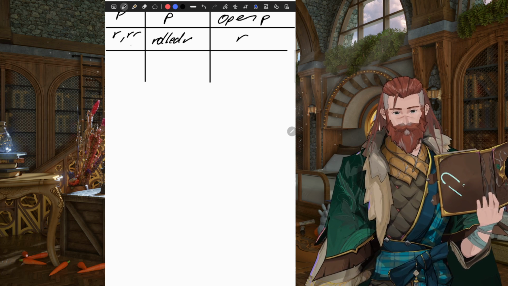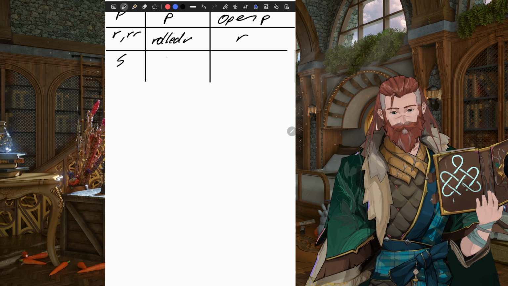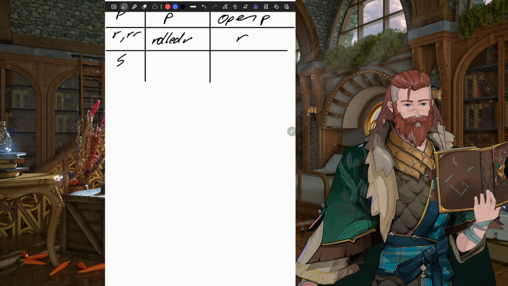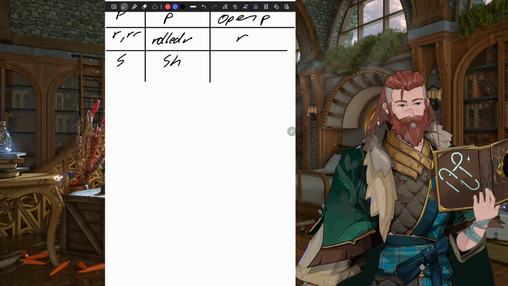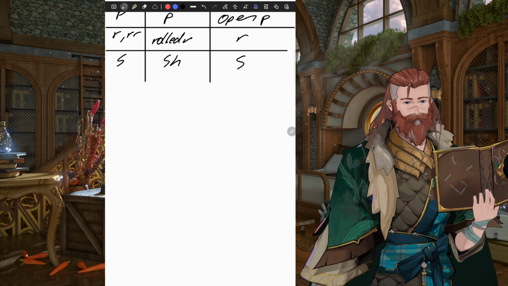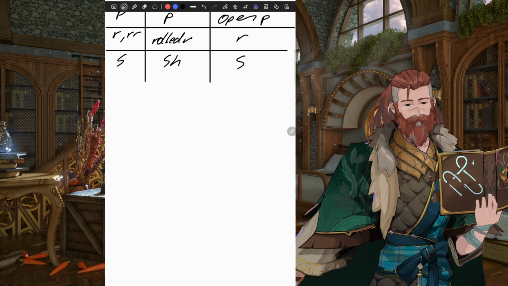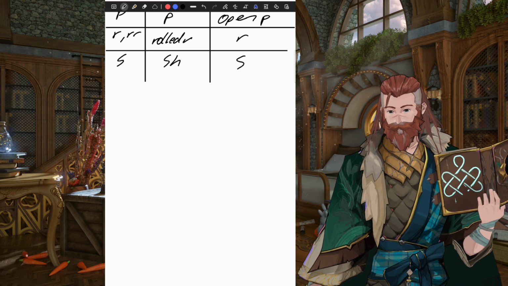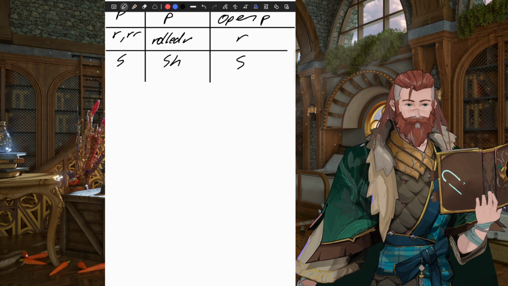Kind of the same with S. The only one that really does anything weird is the slender S, where it's going to be SH. Then the broad is just going to be your standard S. Slender S, you got she, shot, shin, shis.